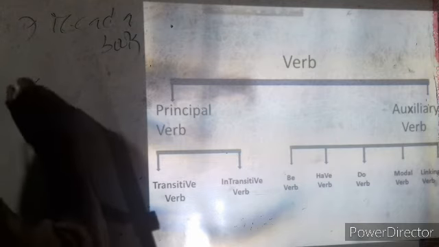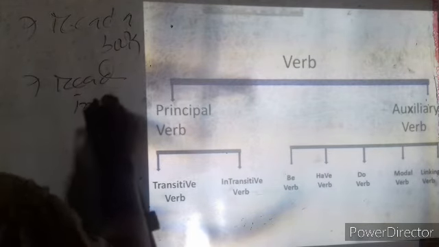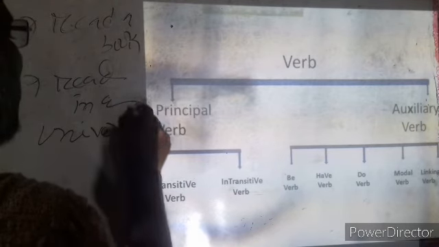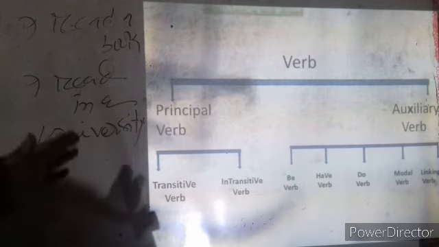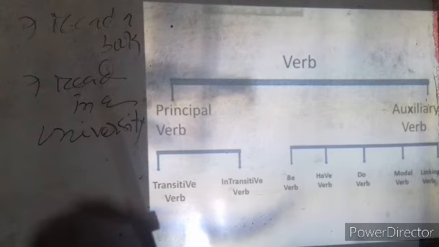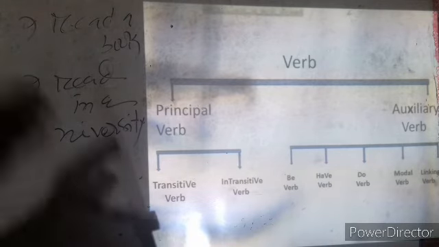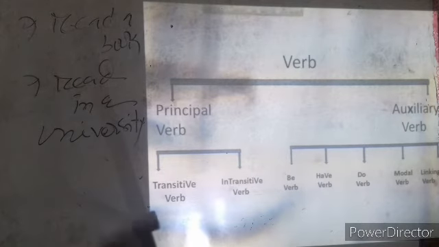And then I read in a university. Here we are unable to ask the verb read with what or whom, but we are able to ask the verb read with where. Where do you read? Then the answer will be in a university. For this case, read is intransitive verb. Have you got the idea?